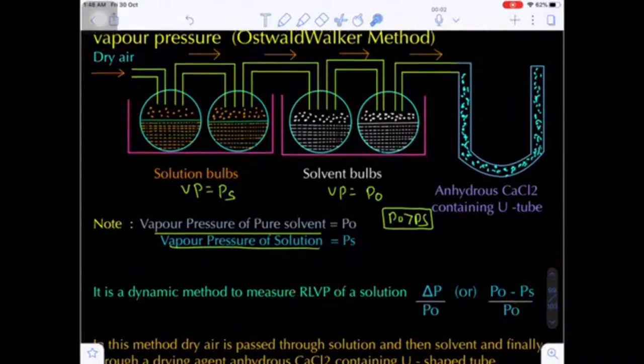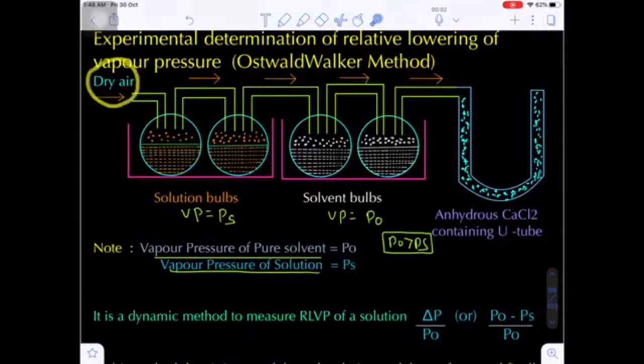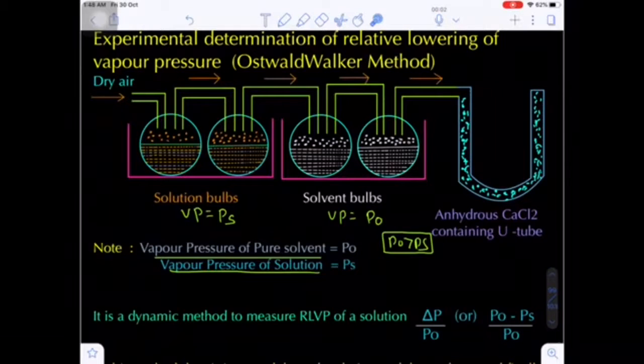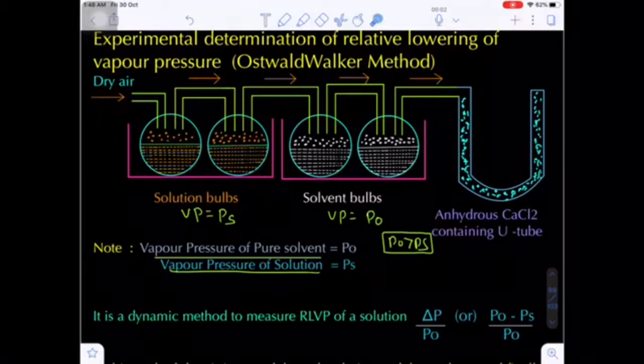Okay. Now, here the basic concept: when a dry air is allowed to pass through any liquid or solution, then the dry air catches some vapor on the surface of the liquid or solution, due to which the weight of the liquid or solution decreases.